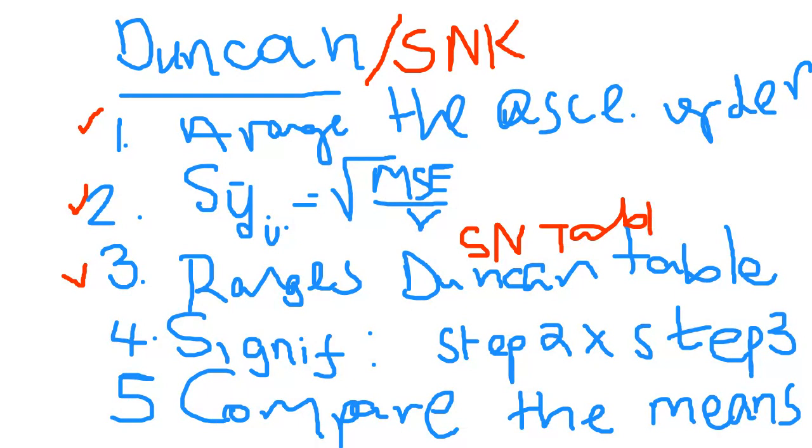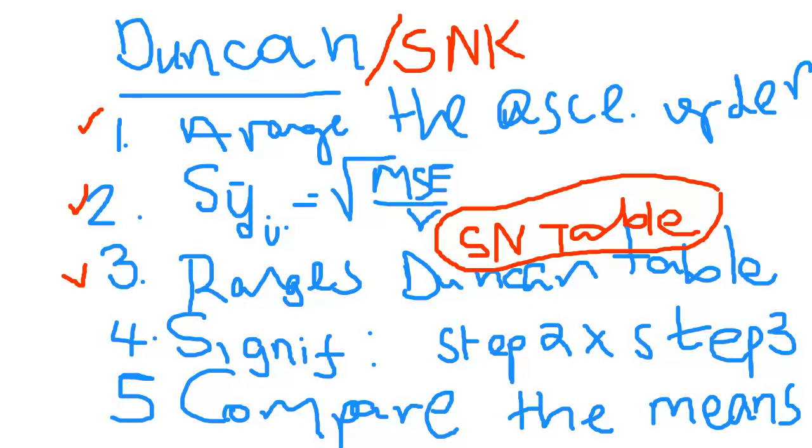I'll project the method and we'll do an example. The only difference now is that when you want to find the ranges, you find them from the standardized Newman-Kels table. I gave you the tables. Step number 4 will remain the same, and step number 5 will remain the same.